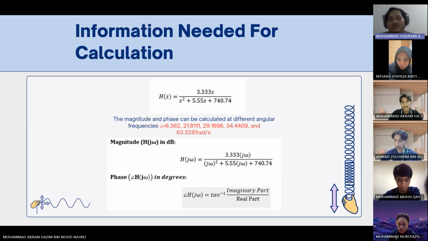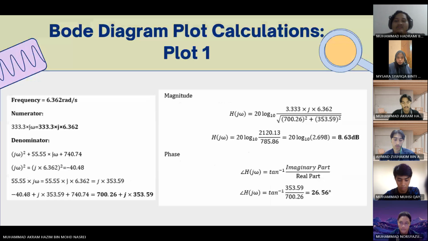So from that, we use the second order equation to calculate our magnitude and also phase after we do the derivation for the formula. As you can see, for plot 1, the magnitude we get is 8.63, and for the phase we get 26.56.